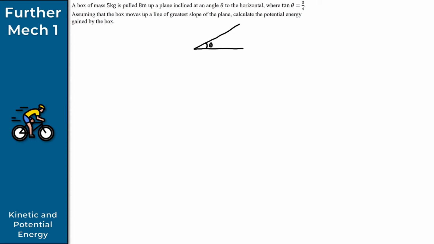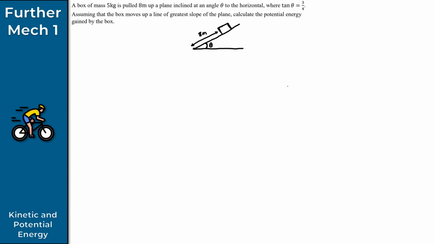I've got my box here, so I just shade that on, something like so. I know from this point at the bottom, where the box starts, up to this point here is 8 meters. So we'll put that on our diagram, like so. So 8 meters then.